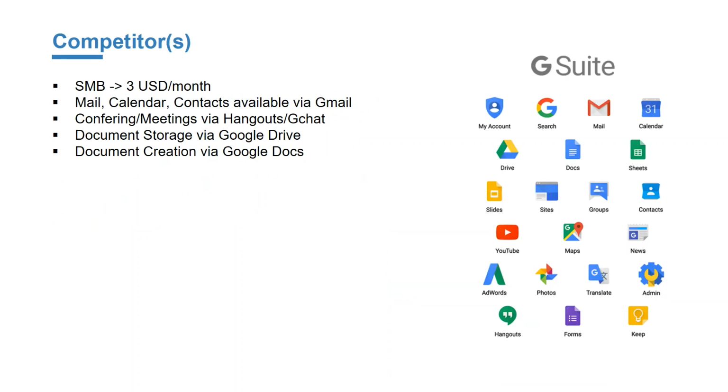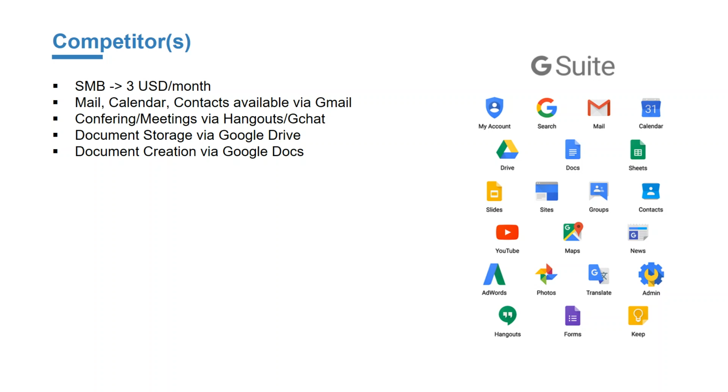Because I'm trying to really provide a full view of the marketplace, I have to mention some of the competitors, or at least some of the alternatives to the Office 365 product, and one of them is going to be Google Suite, right? It is also available for small and medium businesses at the cost of $3 per month in the North American market.